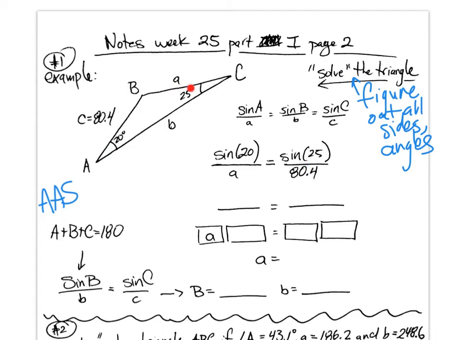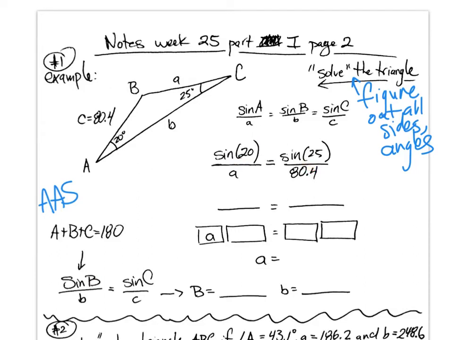And what else do we know? We know angle A is 20, and then, I'm sorry, we don't know side A. That's what we're looking for first. So notice how in this equation we have 3 ratios, this equals this equals this, but all I'm using is side A and angle A and side C and angle C. This we've left out until later.